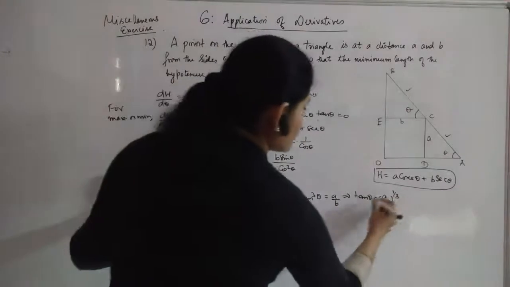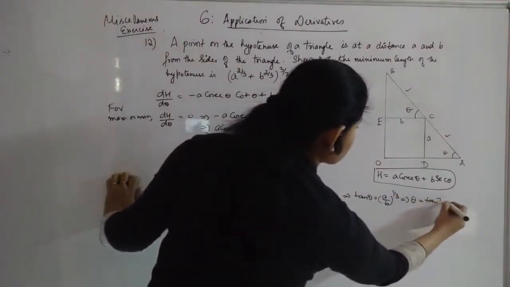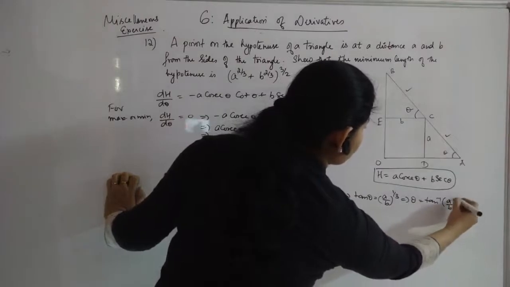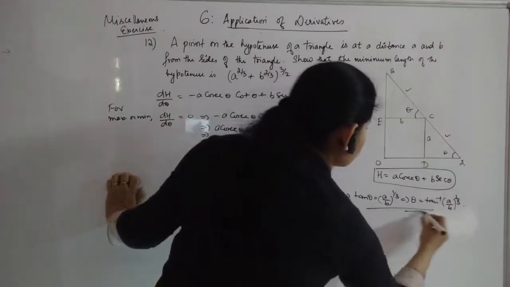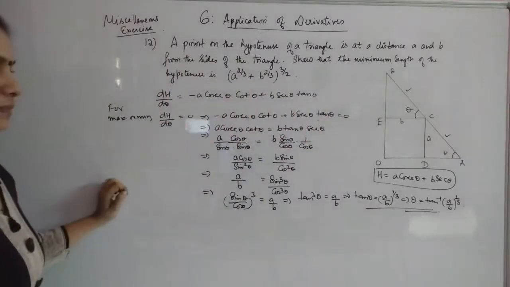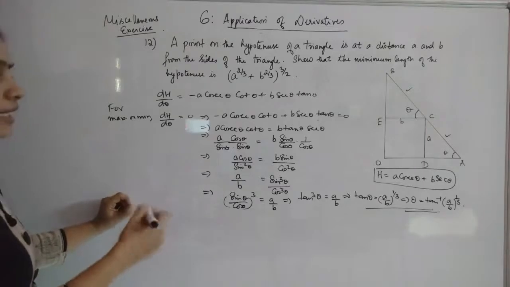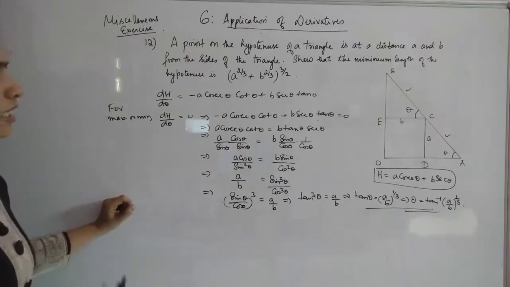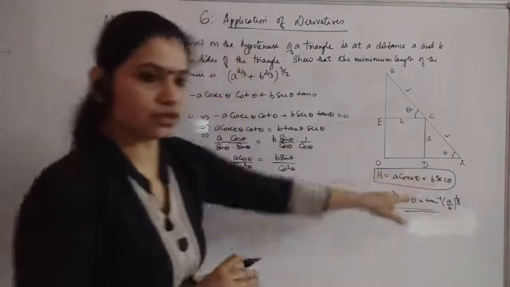Now if you want, you can write theta also here, which is theta is equal to tan inverse of a by b the whole raised to 1 by 3. So this is what your critical point is. Now the main thing we are doing is finding sine theta and cos theta, because in H you need cosec theta and sec theta to be replaced.